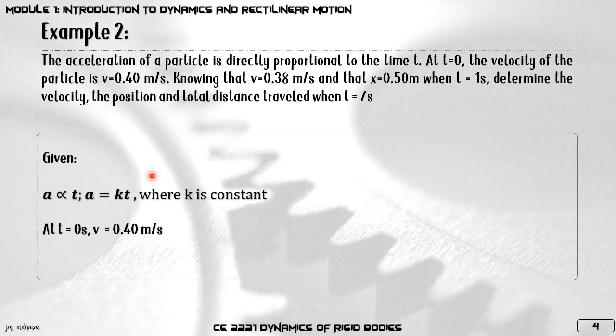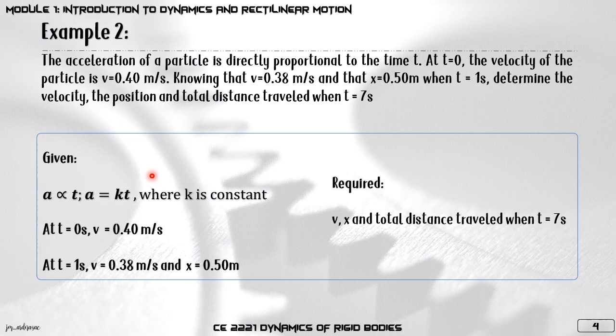And also, we're given at time equal to 1 second, the velocity and the position is at 0.38 meters per second and 0.5 meters respectively. So we want to solve now for the total distance traveled when t is equal to 7 seconds and the velocity and position at this time.